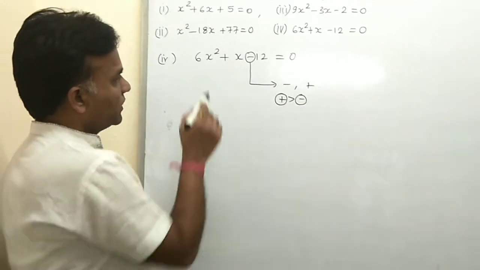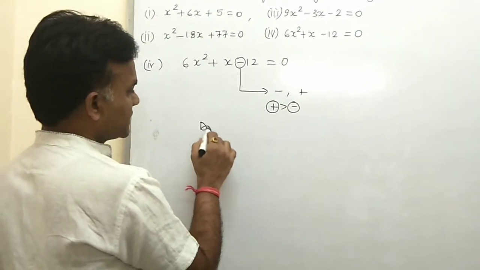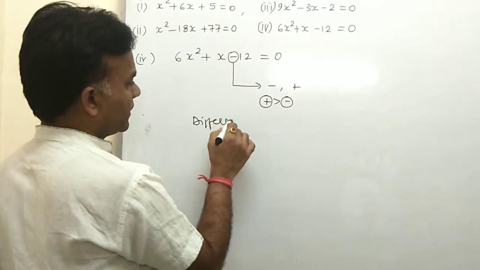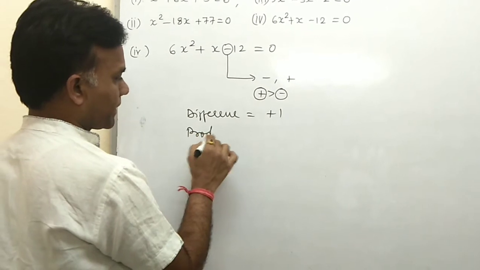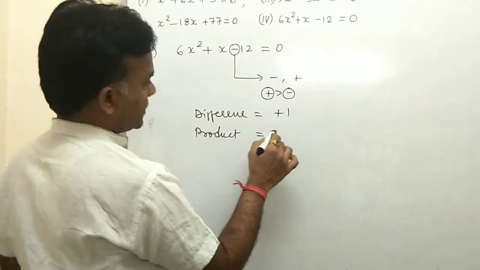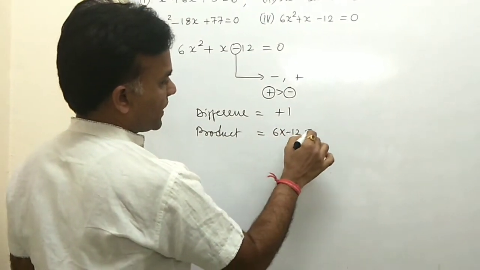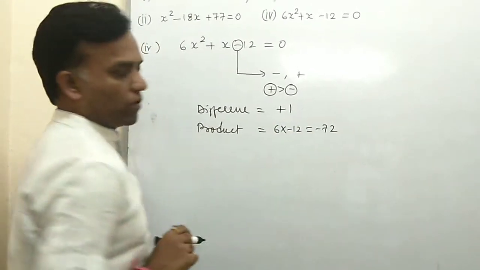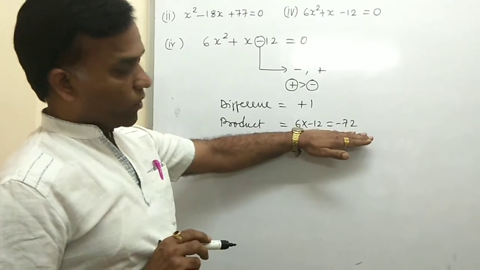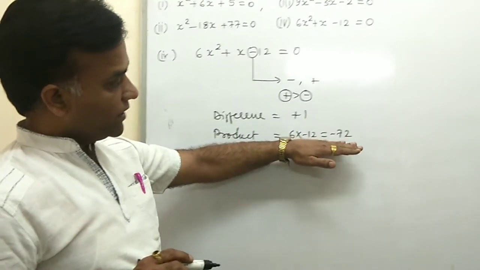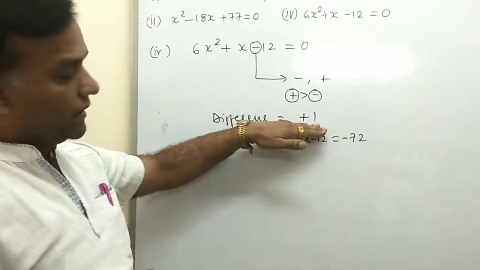Now first you create the difference, you got plus 1, and the product is 6 into minus 12, minus 72. On multiplication the product of the two factors is minus 72, but the difference you got is 1.